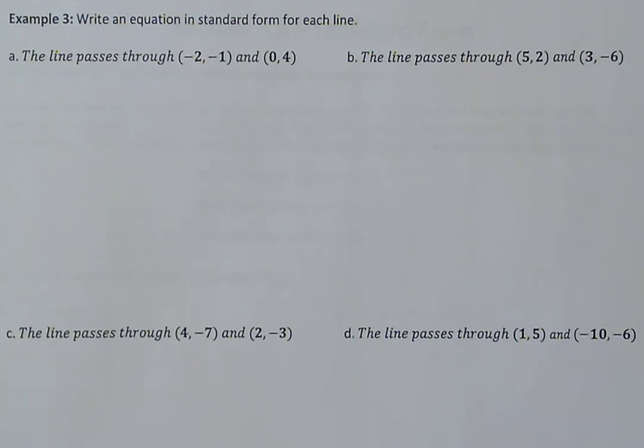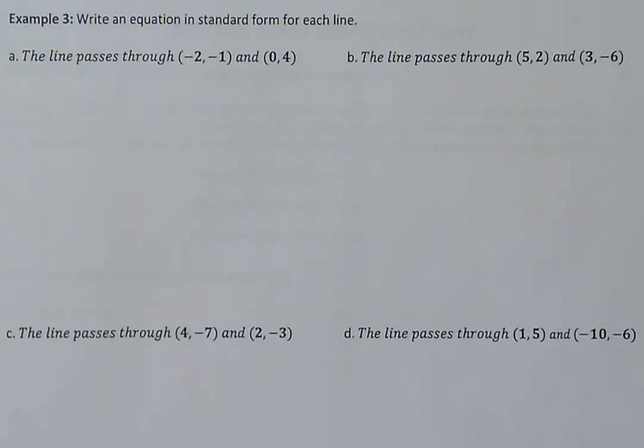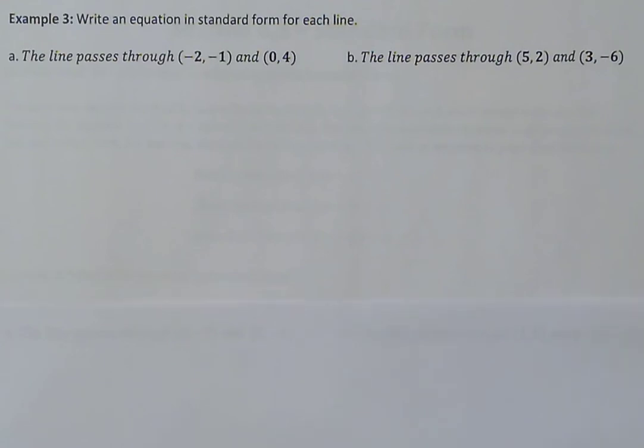So for these problems, we have to go through and identify our slope first, and then we can go through and write our equation in standard form. So whenever they give you 2 points, know that you have to go through and find your slope first, then you can go through and write your equation in standard form, like we did with example 2.